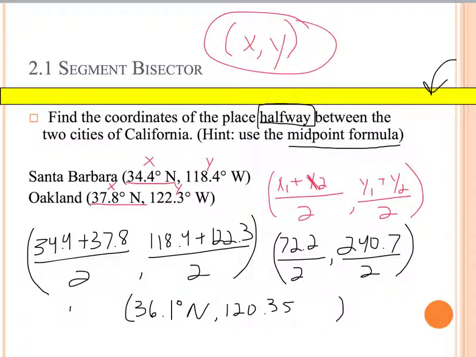All right, 118.4 degrees west and 122.3 degrees west. So our answer is 120.35 degrees west. Do not forget your labels when it talks about a word problem. Okay, can't forget them. Labels are still very, very, very important.